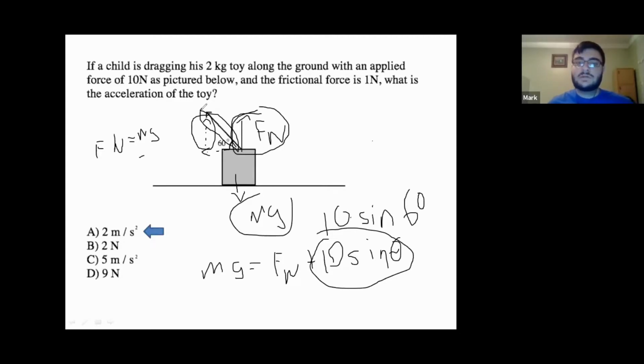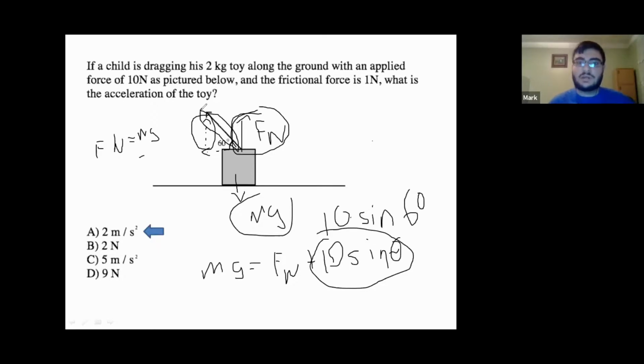Does that make sense? And if you want to think about it this way, when you're dragging something, especially at an angle, and you're kind of lifting it a little bit up, the ground isn't using as much effort. The ground isn't applying enough of a force to cancel out gravity, because you're taking some of that burden onto yourself in order to drag it, in order to move it, right?